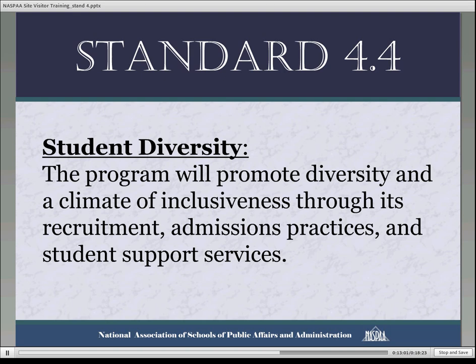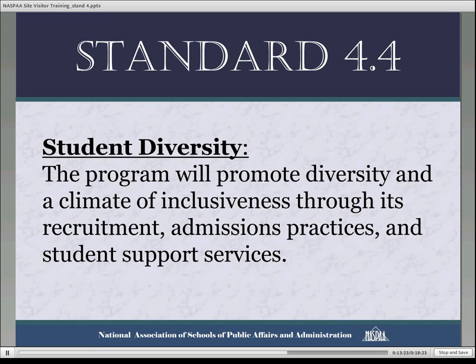But then we're also looking to see, and COPRA wants to have information about, what are they doing to ensure that when they have a diverse group of students, or to the extent that they have a diverse group of students, those students have an environment that is supportive. What are they doing to recruit more diverse students?